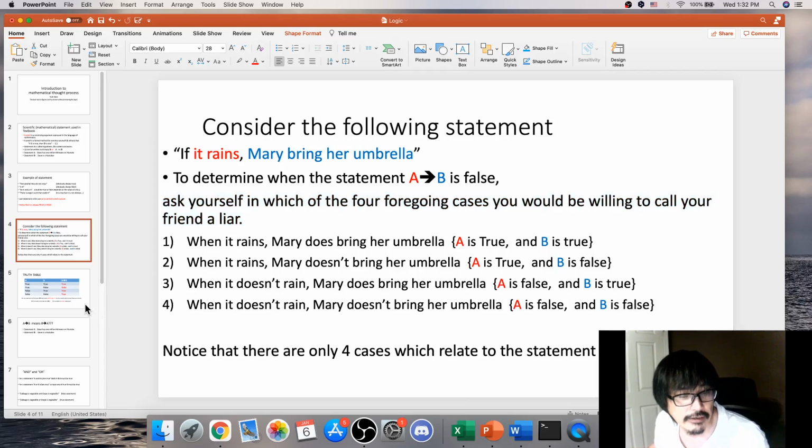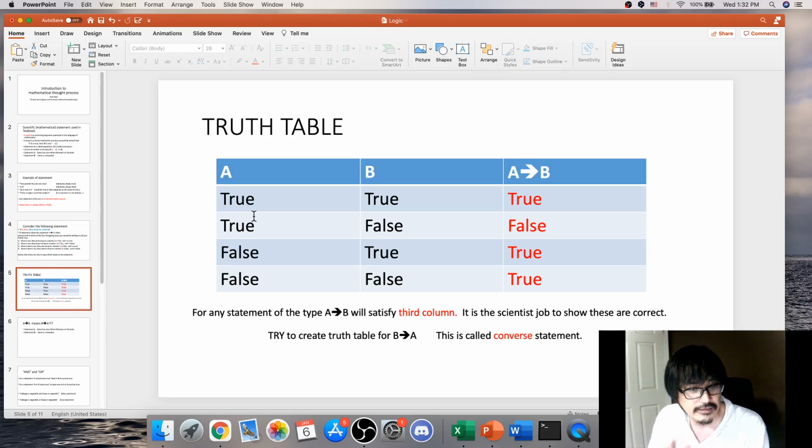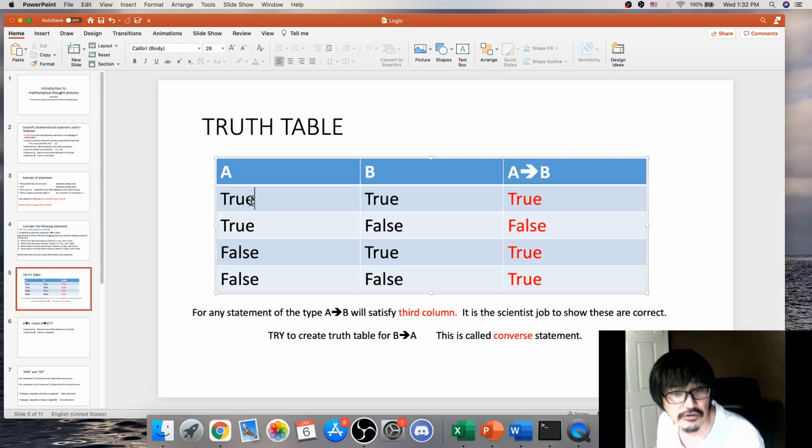So let's think about that. A is it rains, so if it rains, that's true, and if it's not raining, that's false. And B is that Mary brings her umbrella, and if it's false, then Mary doesn't bring her umbrella.